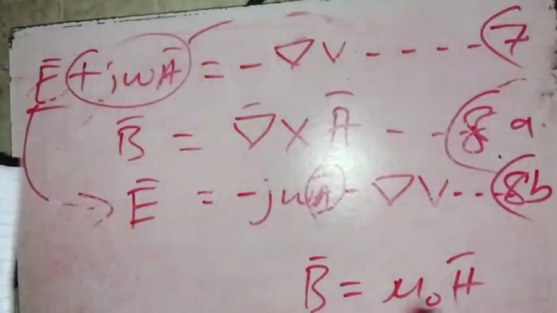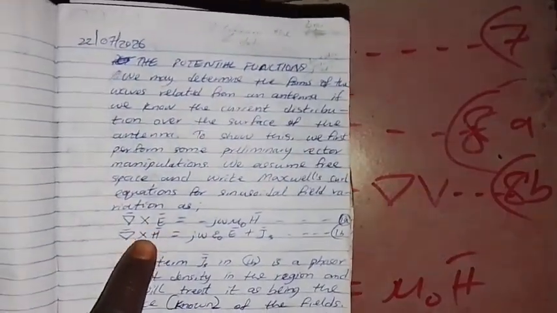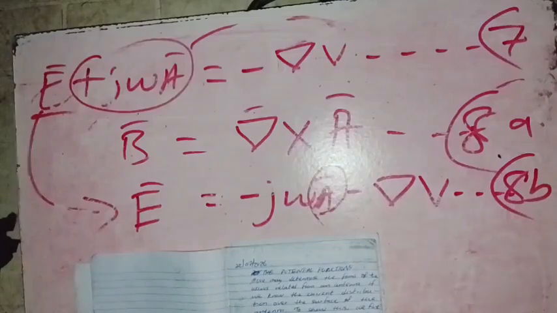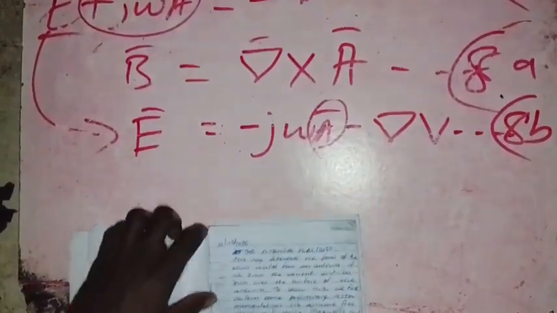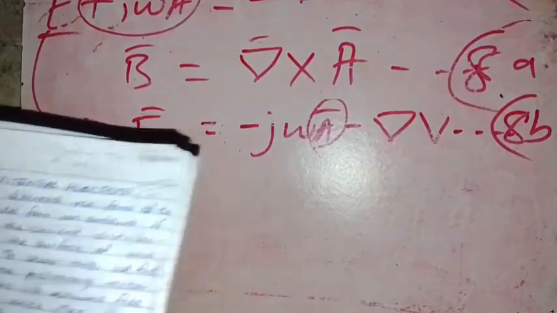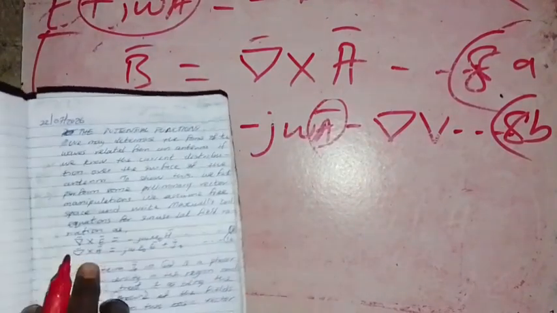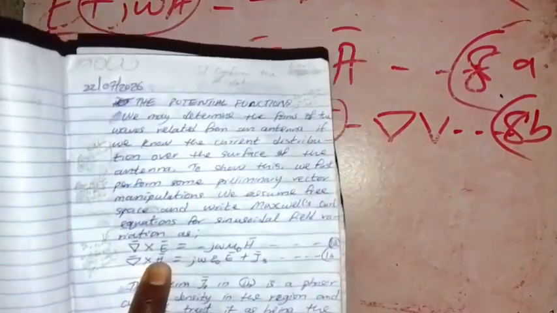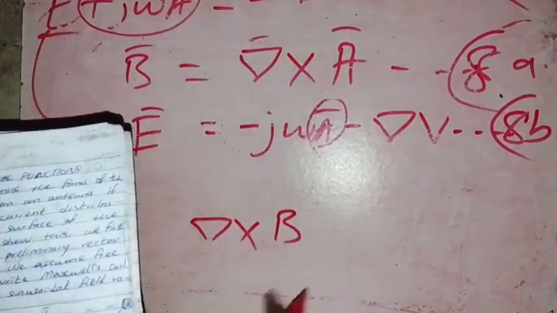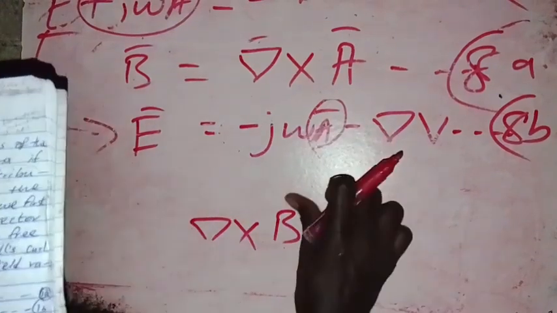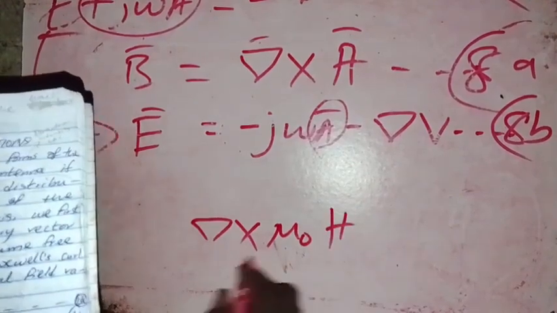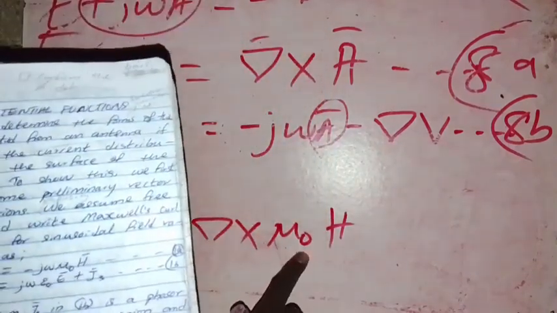So by doing this, look at this equation now. Here you have this H, you put B. But in order to do that, you multiply equation 1b through by mu naught.